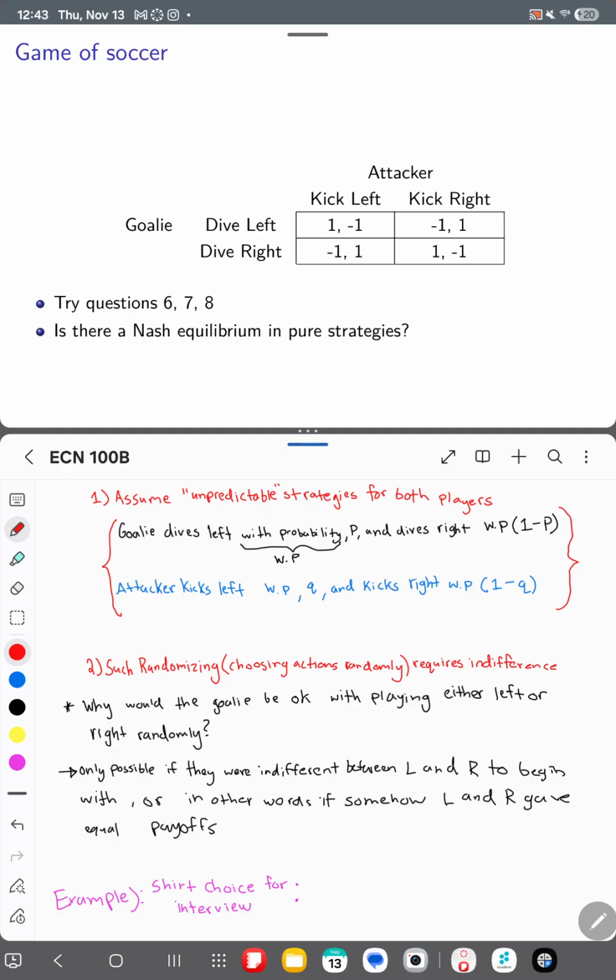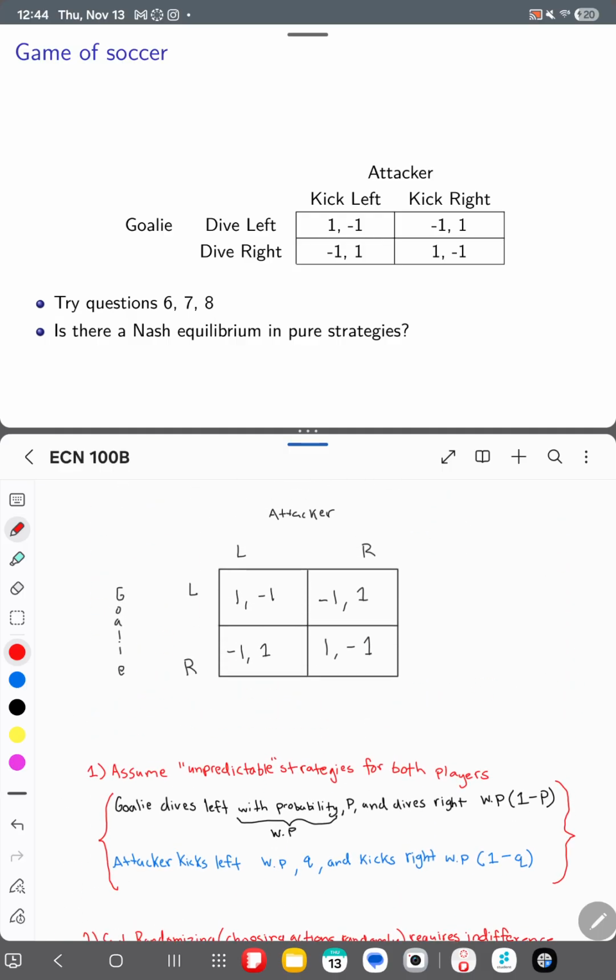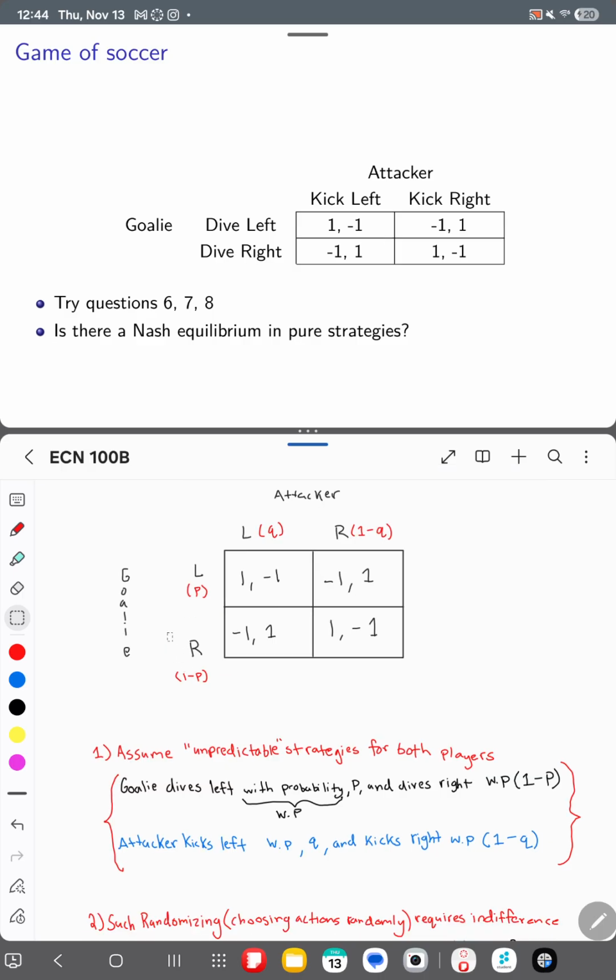These are the probabilities with which the goalie goes left and right. And then the attacker kicks left with Q and kicks right with 1 minus Q. So I want you to write down the Q and 1 minus Q next to the attacker's actions. That's the first thing. So whatever we have assumed in step 1, just write it down on the matrix so that you have the P's and the Q's in their correct, specific places.